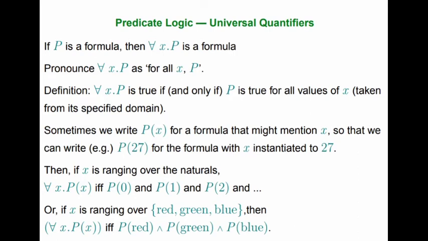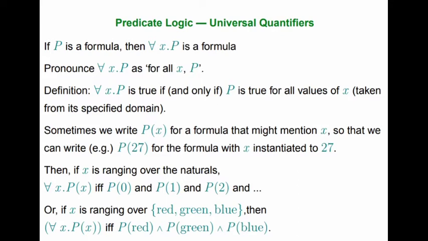If P is a formula, then for all x P is a formula. So here is the definition. For all x P is true if and only if P is true for all values of x taken from its specified domain. Sometimes we write P of x for a formula that might mention x, so that we can write P of 27 for the formula with x instantiated to 27.